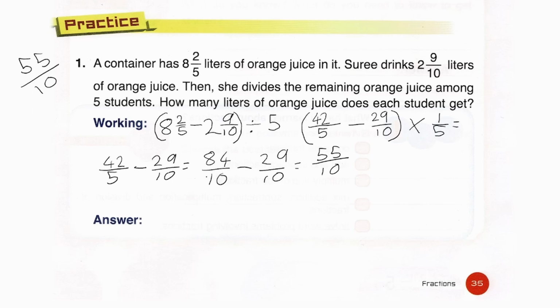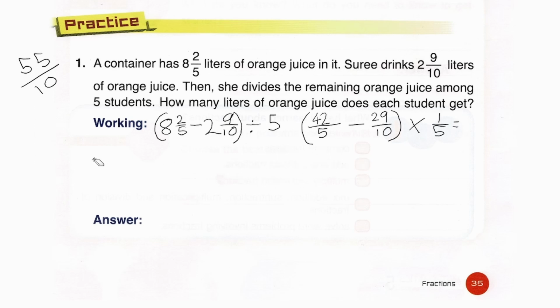Okay, so let me erase all here. Okay, now we have some more space. Now we need to do 55 over 10 times 1 over 5 equals.